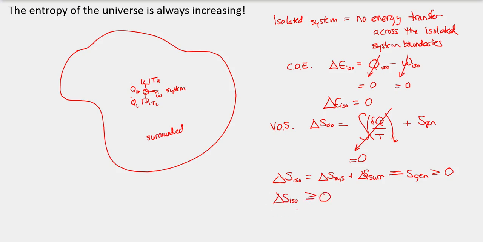So if we look at the system from this perspective, the entropy in the isolated system always has to be increasing. This is where we hear conversations about the entropy of the universe always increasing, because we can imagine this isolated system, or the universe, where we've drawn the boundaries so large that all the energy transfer mechanisms are entirely internal, so that we end up with an isolated system.